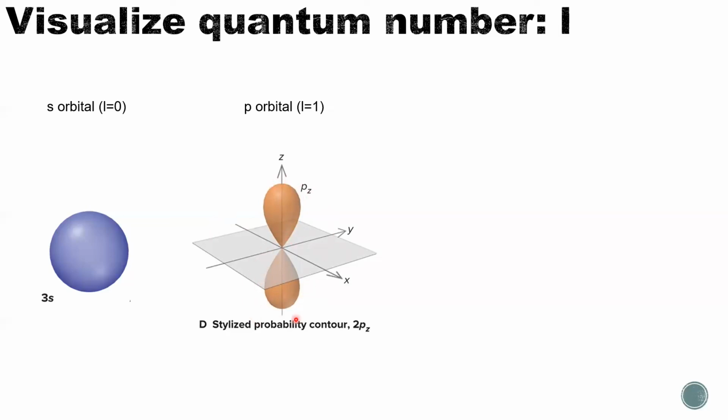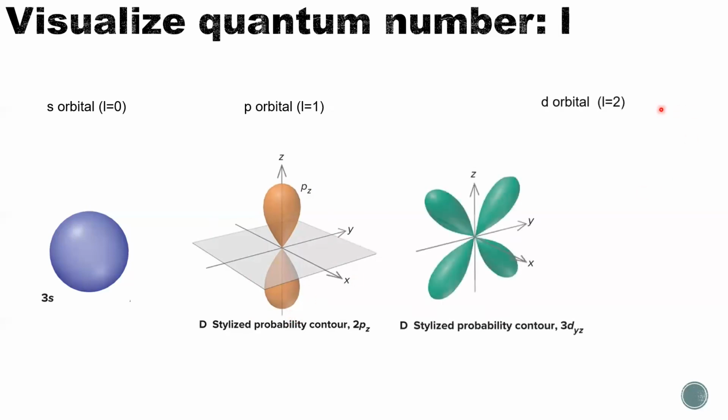Looks like this. And then when we have a d orbital, that means L equals 2, we have 4 different lobes occupying the space in different orientations. Sometimes we have another shape of d orbital that looks like a p, but with a ring in the center. So these are also d orbitals. We have different types of d orbitals.